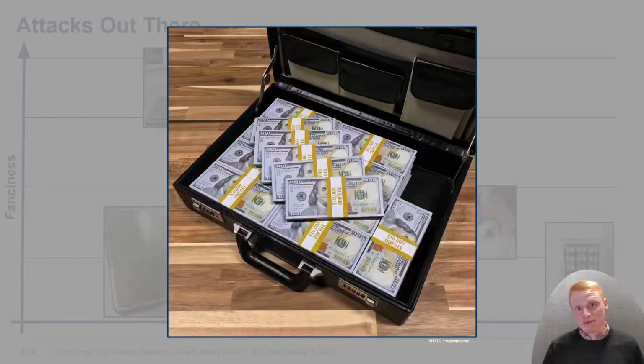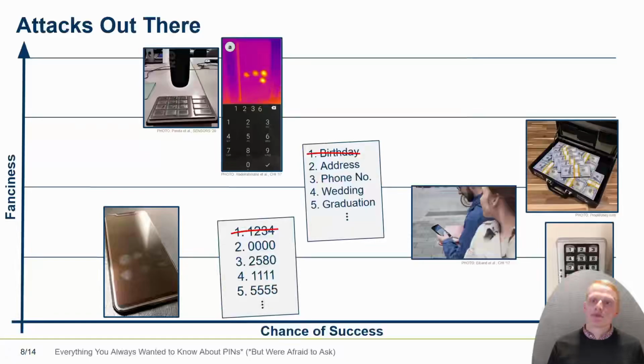It doesn't have to be a briefcase, it can also be a baseball bat or just a few drinks at the bar, and then people will start to tell things, for example, the pin to the safe, the phone, or whatever purpose. So this really is an attack which can be pretty successful depending on the number of baseball bats, number of drinks, or the amount of money. And so that's definitely an attack that is also launched out there.